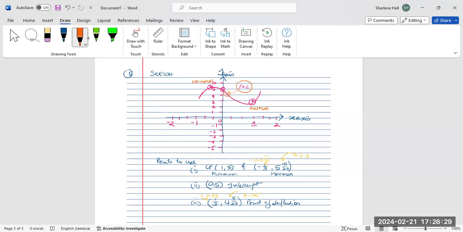We're going to look at the y-intercept. Then we look at the nature. We can calculate the point of inflection. We can sketch a graph. Every single time. 10 minutes starting now, please.